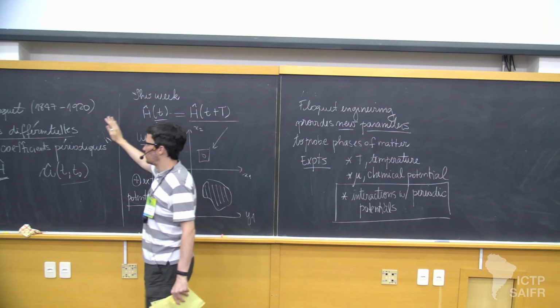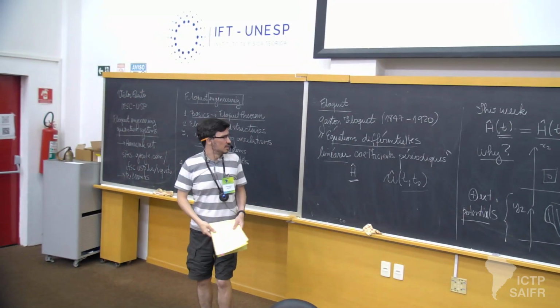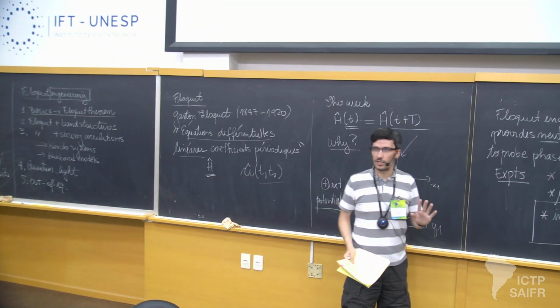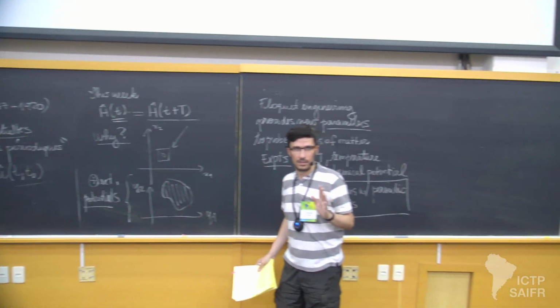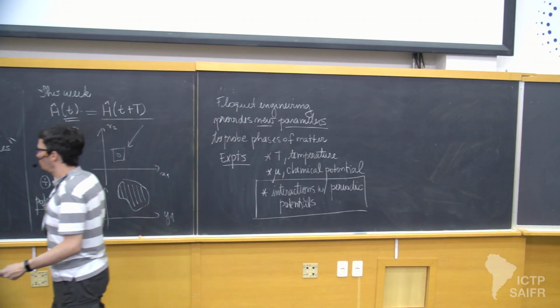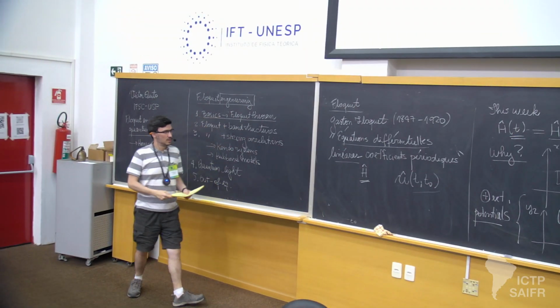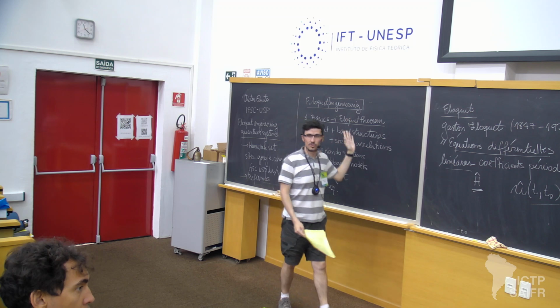Based on what Floquet did almost 2 centuries ago, okay? Do you have any questions so far about the motivation of what we're going to be doing here? Okay, we are going to be engineering systems using time-dependent Hamiltonians based on Floquet theory. Okay, this is the basic strategy.